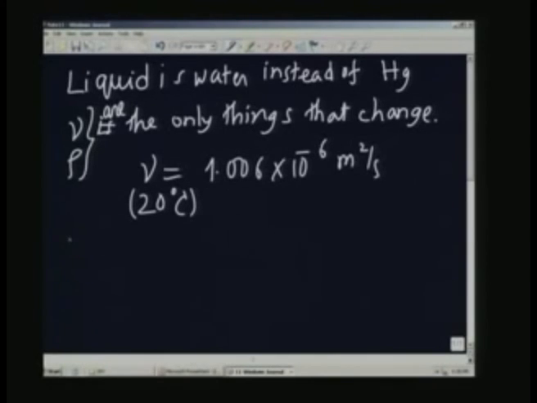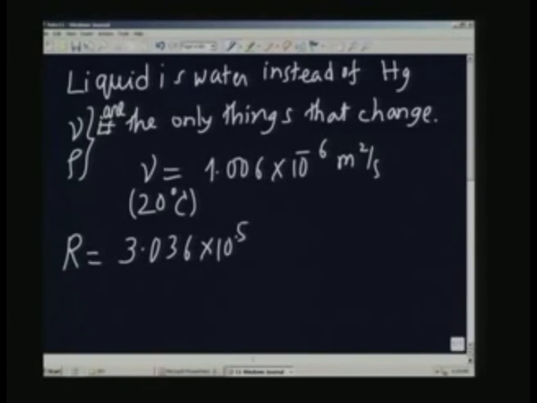So, in fact, I can calculate R, which is proportional to nu, and therefore, this will come to a value of 3.036 into 10 to the power of 5.